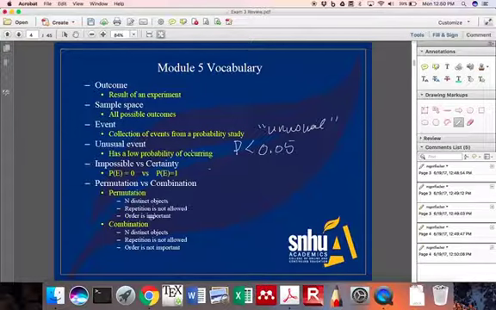With permutations and combinations, remember that a permutation has n distinct objects, repetitions are not allowed, and the order matters. Whereas with a combination, there are n distinct objects, repetition is not allowed, and order is not important.